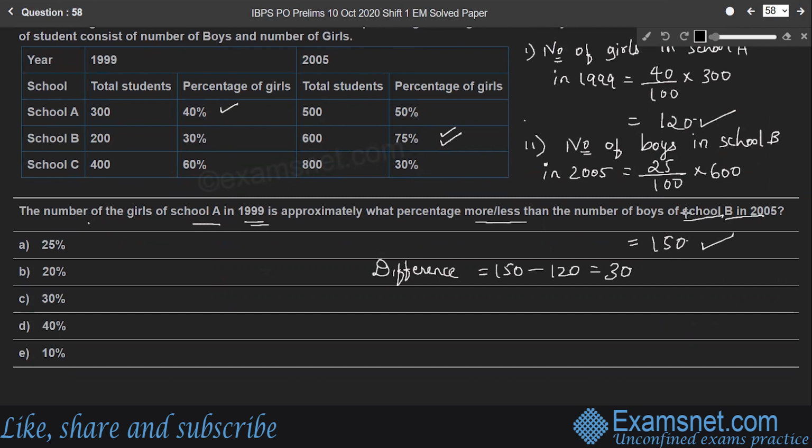Therefore, required percentage is, out of 150 boys, girls are 30 less in number. Therefore, for 100, which is 13 into 2, number of girls is 20% less than number of boys. Therefore, option B is the right answer.